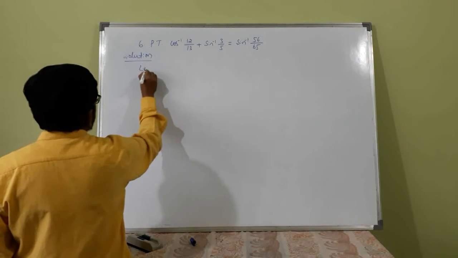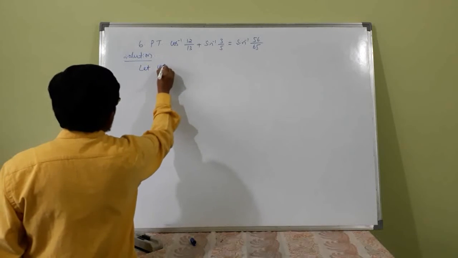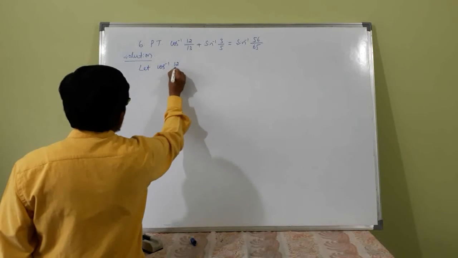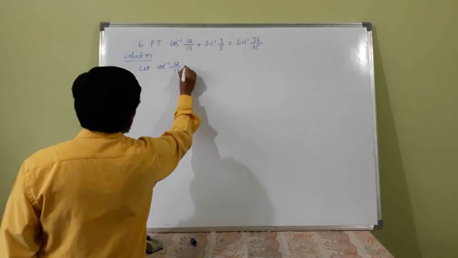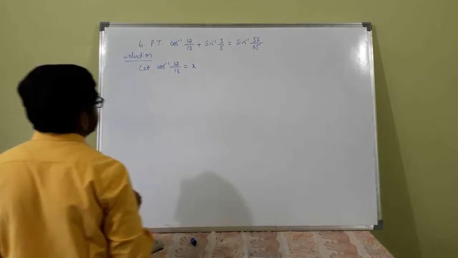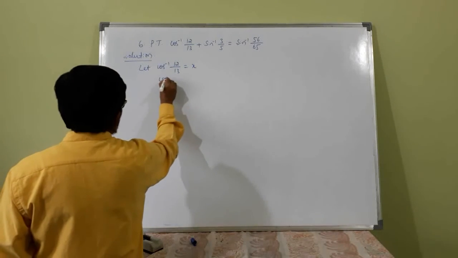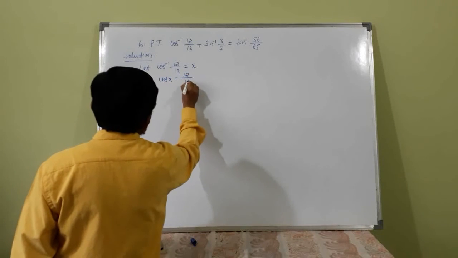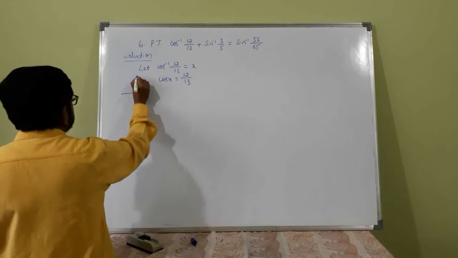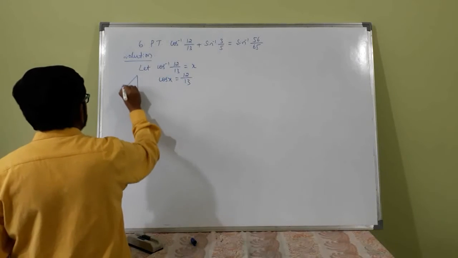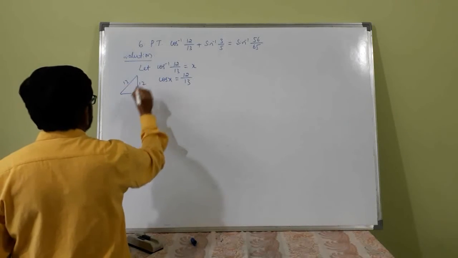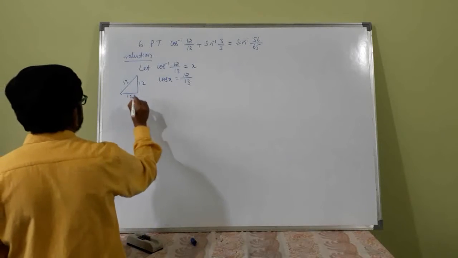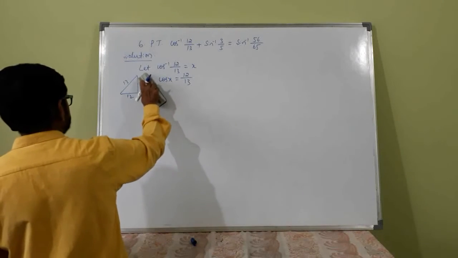Let cos inverse of 12 by 13 be equal to x, then cos x is equal to 12 by 13. If cos x is 12 by 13, so this is 12 by 13, another side will be 5.